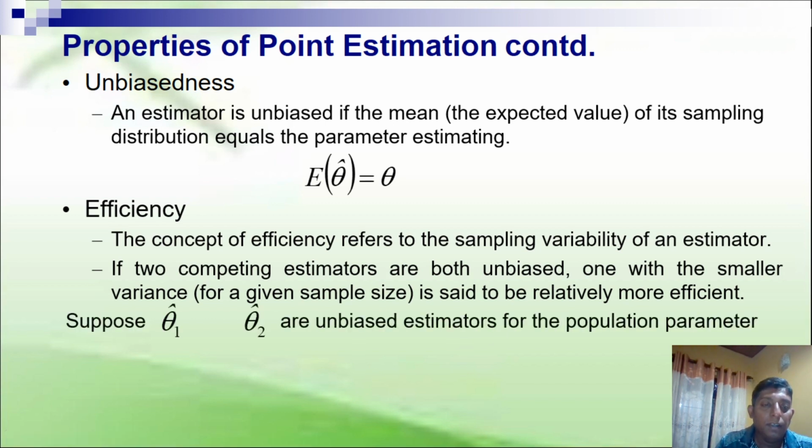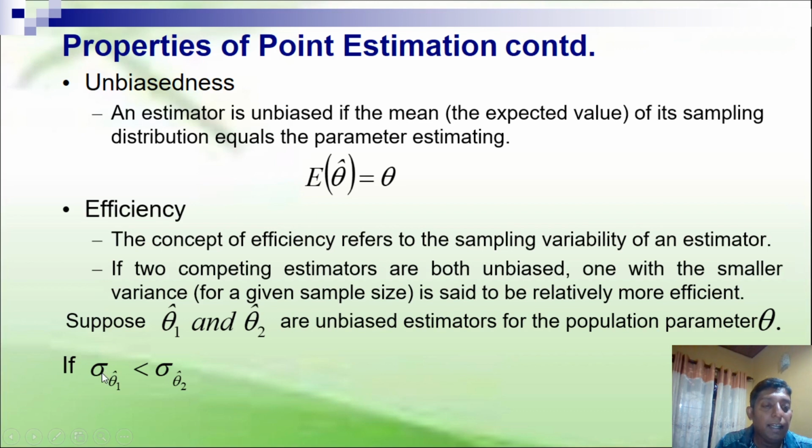Now suppose there are two estimators to estimate the particular parameter theta. Suppose theta 1 hat and theta 2 hat are both unbiased estimators for the population parameter theta. Then calculate the variability of these two. Suppose the less variability belongs to the first estimator theta 1 hat.